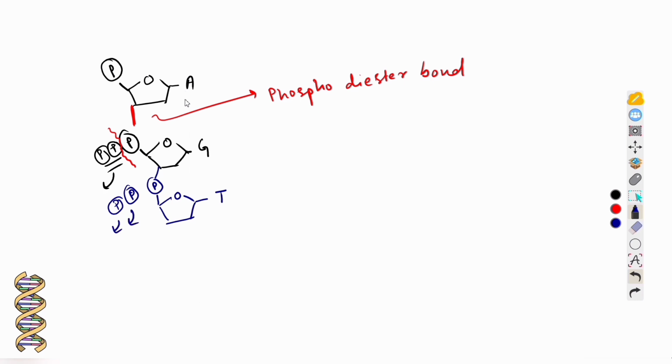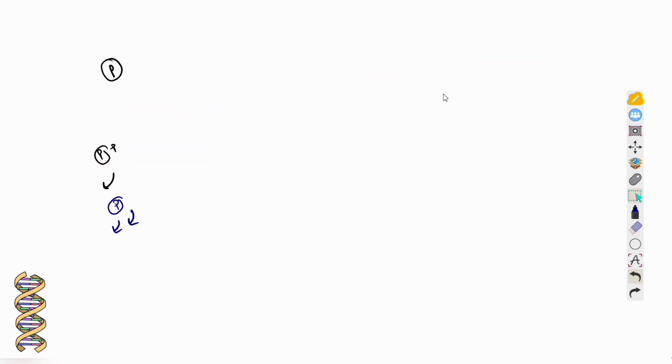So thus the backbone, the single strand of DNA, is formed. Now the two strands of the DNA are anti-parallel to each other, and they are twisted.